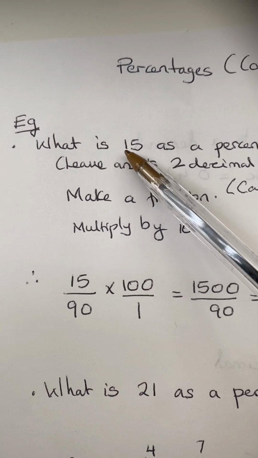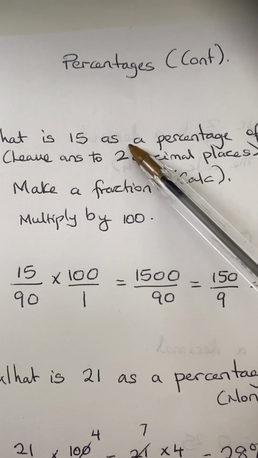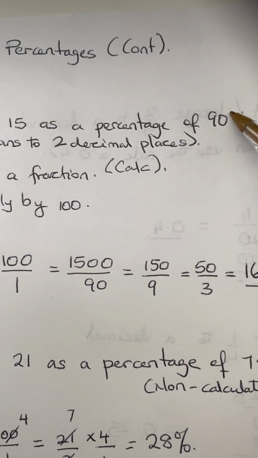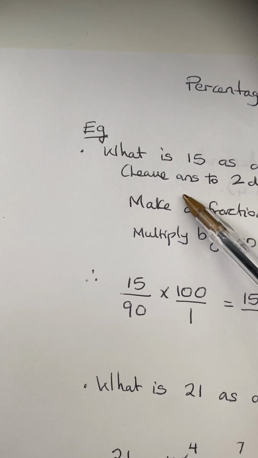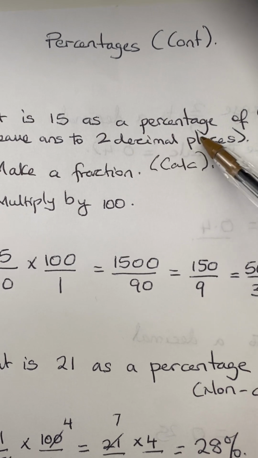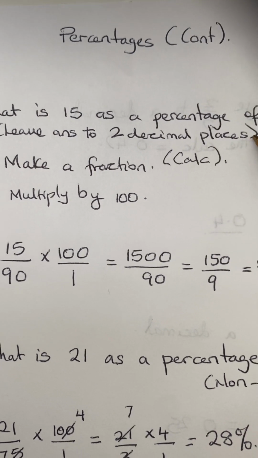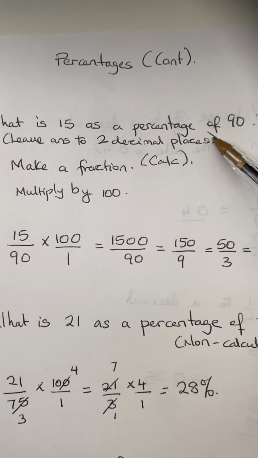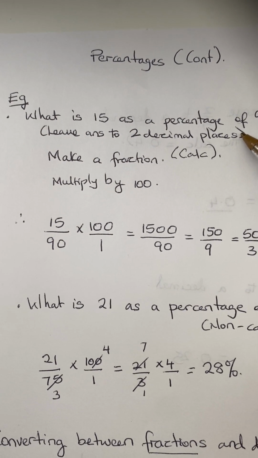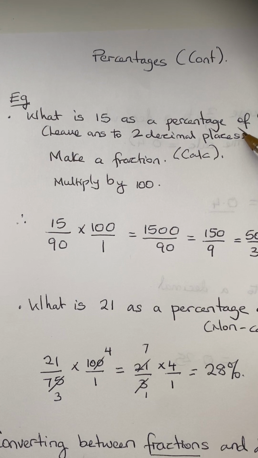What is 15 as a percentage of 90? Leave answer to 2 decimal places. So straight away you know that your answer has to be in 2 decimal places.